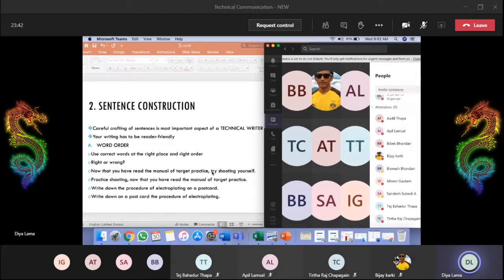So practice shooting now that you have read the manual of target practice. So this is the correct one. So माथिको is wrong. It says try shooting yourself. Try shooting yourself means आफैले आफैलाई हान भनेको. So that is not correct. बुझ्यौ नि?